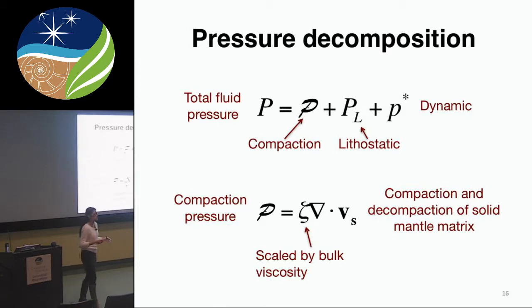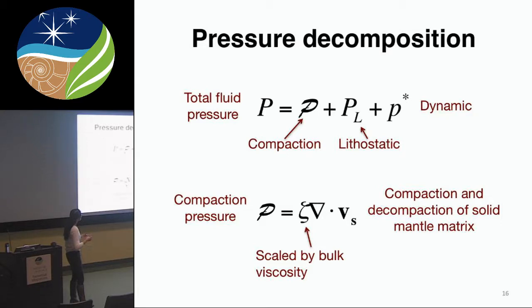The lithostatic pressure is just how much stuff is on top of it. And the dynamic pressure, you can think about it as when two plates move, being pulled apart, the dynamic pressure would be the strongest at the ridge axis, where it's trying to suck in the melt. And this compaction pressure is defined here.